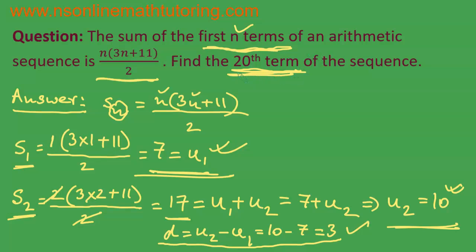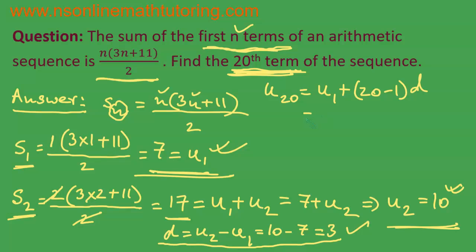They have asked for the 20th term. They could have asked us to give the first 5 terms. Since we know the first term and the common difference, we can give them any term that they ask for. So what will be the 20th term? It will be obviously U20. U20 is equal to U1 plus (n minus 1), that is 20 minus 1, times the common difference.